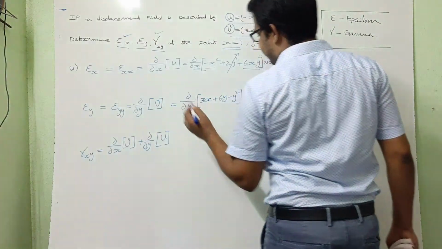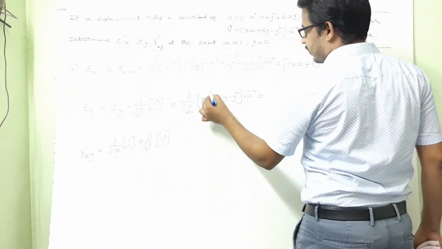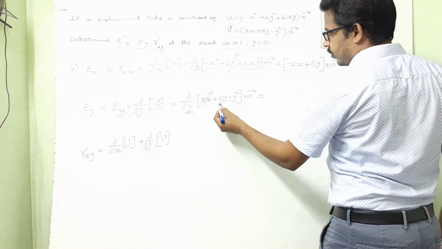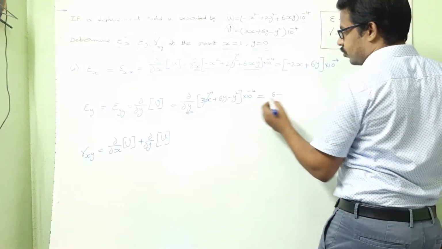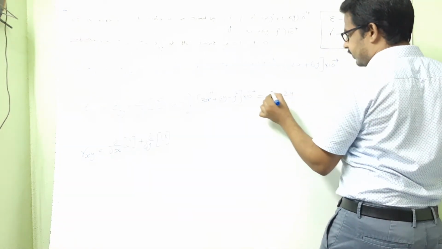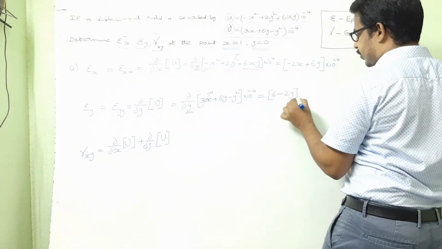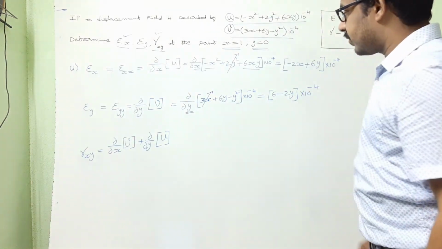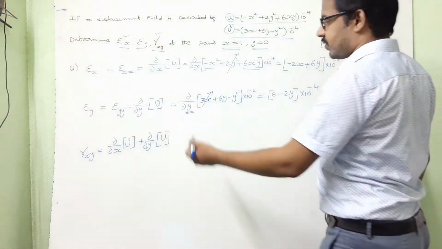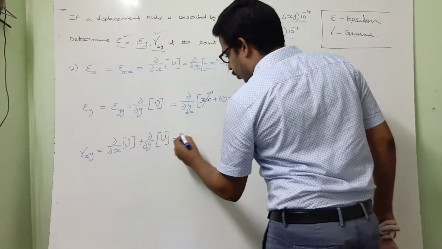Partial differentiate with respect to y. So here x value 0. So 6 minus 2y into 10 power minus 4.